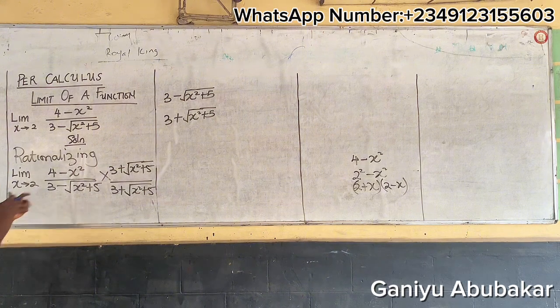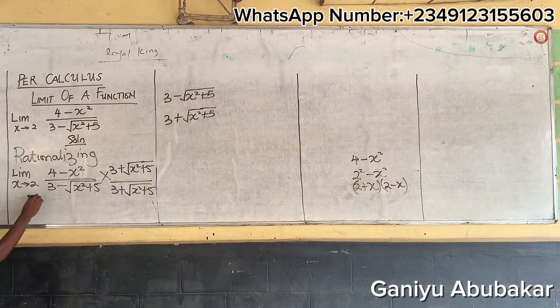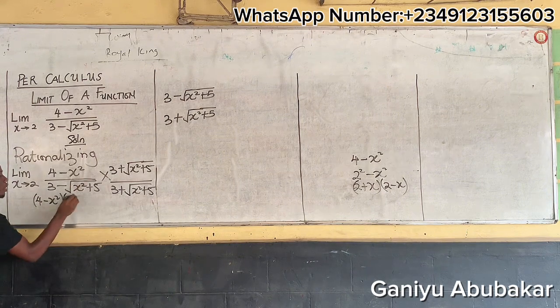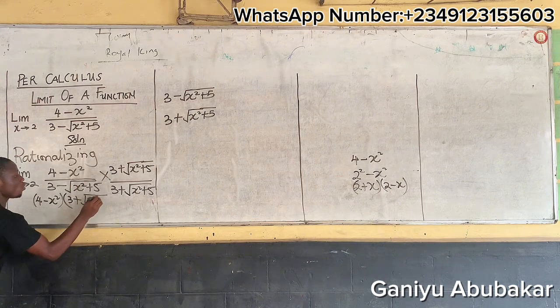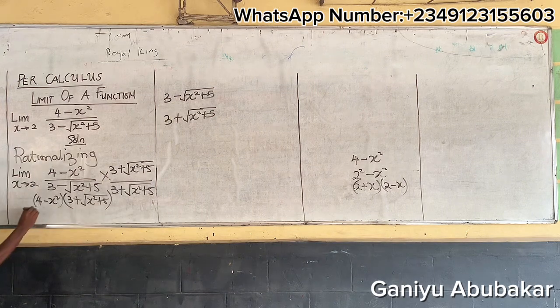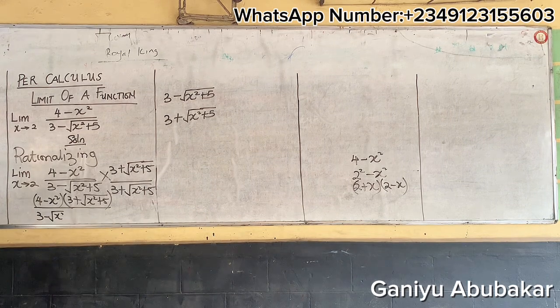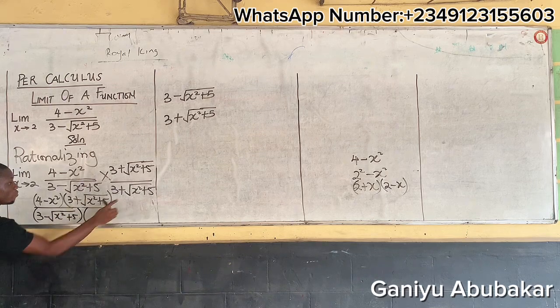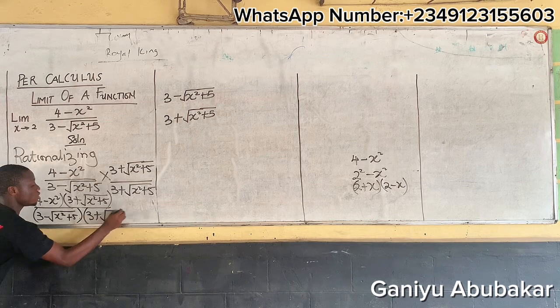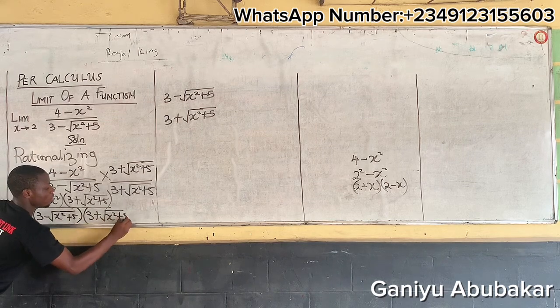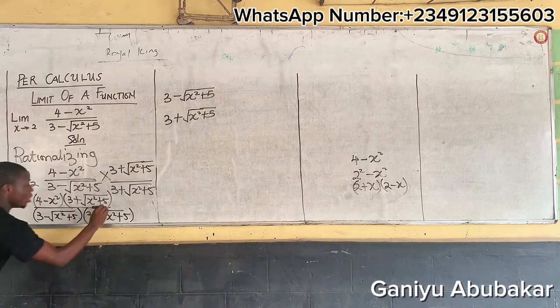At this point, combine the two. What do we get? 4 minus x squared into 3 plus root of x squared plus 5, all over the denominator 3 minus root of x squared plus 5 into 3 plus root of x squared plus 5.